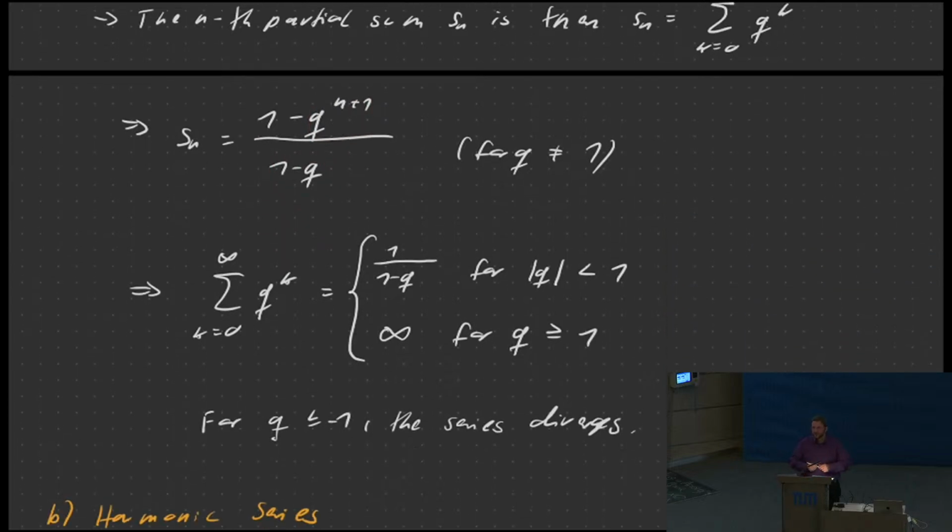And now it's easy to see when this converges. Of course, if this part here goes to 0, then we have a chance for convergence. And then the limit is 1 over 1 minus q. And that happens exactly if the absolute value of q is strictly less than 1.